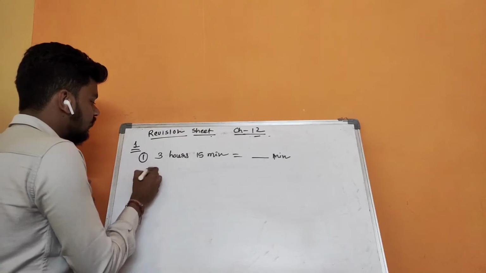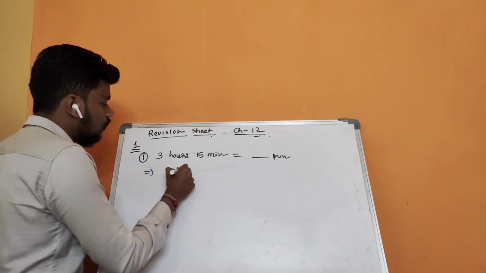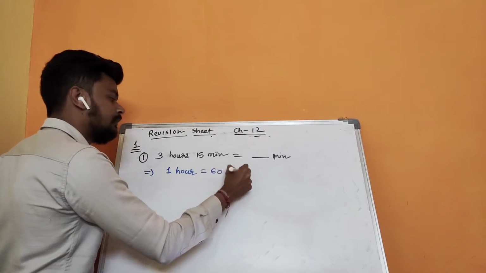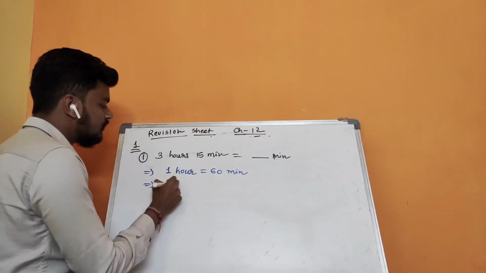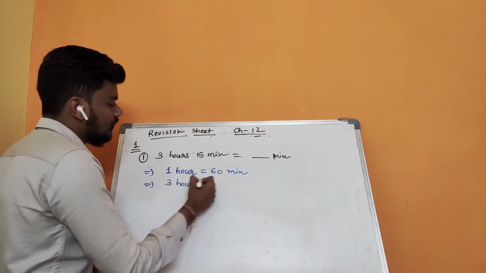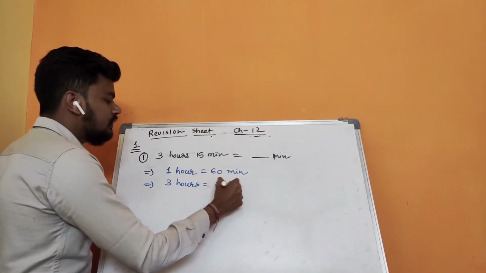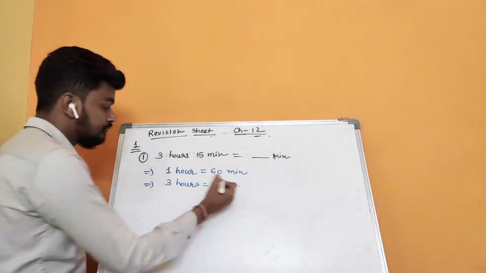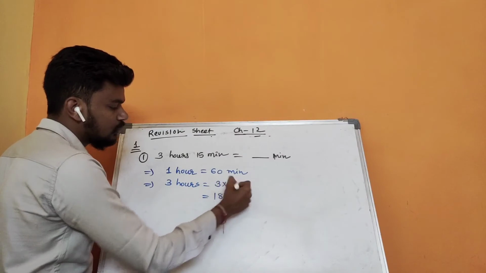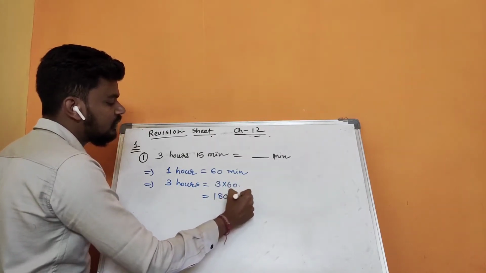Okay, we know that 1 hour is equal to 60 minutes, right? So 3 hours is equal to 3 multiplied by 60. So 6 3s are 18 and a 0 is added, so it is 180 minutes.